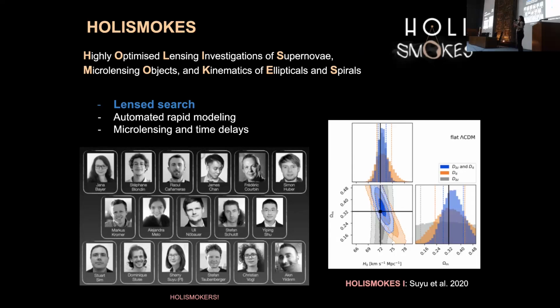They also do rapid modeling because, as I told you before, when one supernova explodes, we have to be fast enough to model it so that we can observe the other image explode and obtain the time delay very quickly. And third, they study microlensing and time delays, especially from type Ia supernovae. If you want to know more about this, you can look at the first paper of Holismokes, from Sherry Suyu in 2020, and there are about 11 more papers about this work.